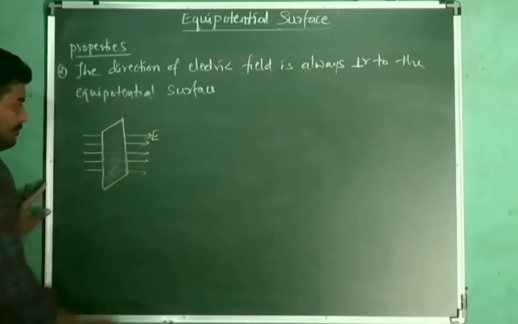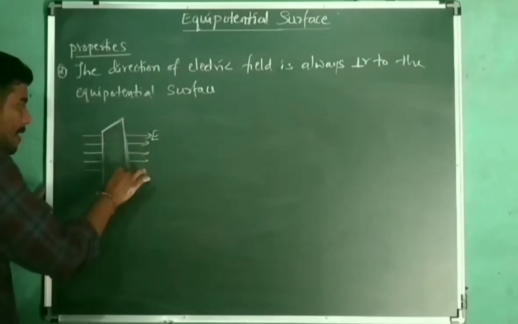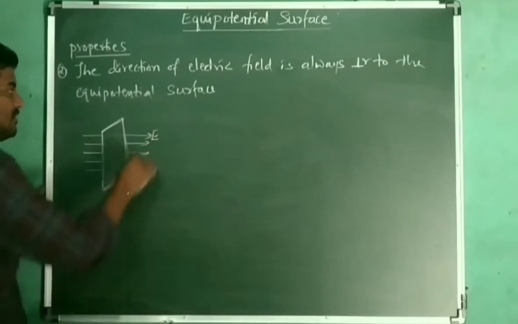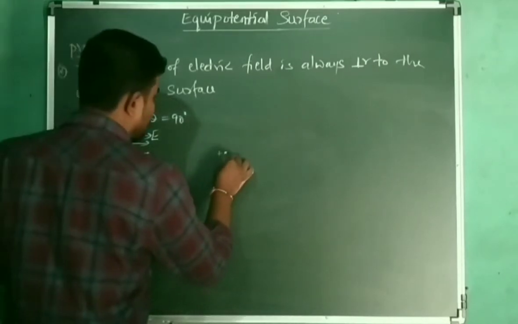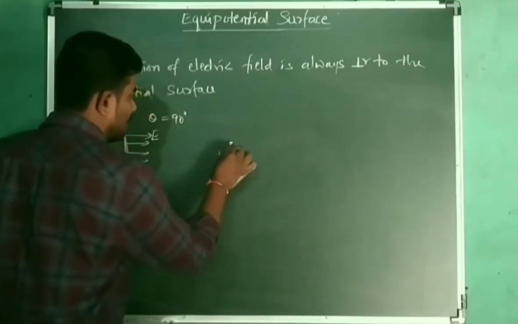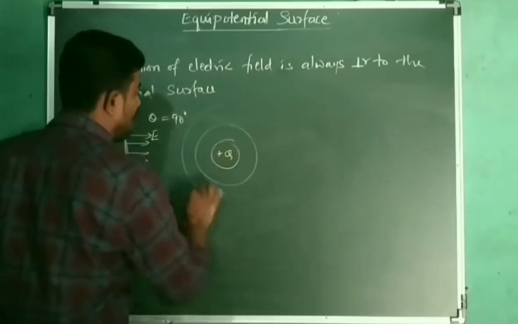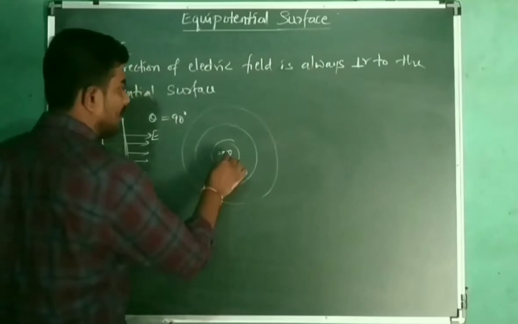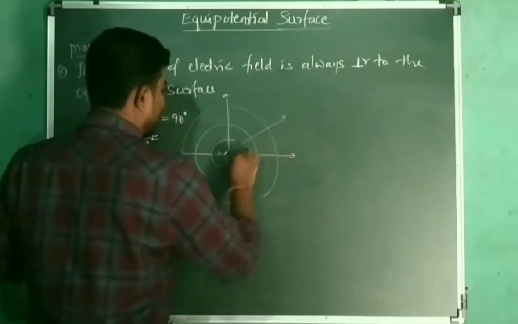An equipotential surface. See, the angle between this plane and the direction of the electric field is how much? 90 degrees. Theta is equal to 90 degrees. If I consider another charge, say plus Q, the equipotential surfaces are in the shape of concentric spheres, and the direction of the electric field will be radially outward like this.